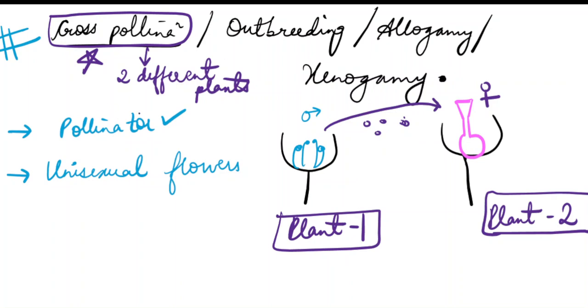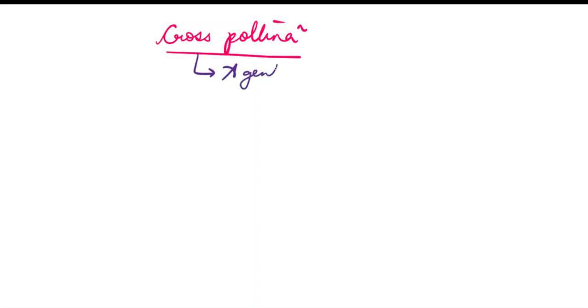Now if we speak about the pollinator, in cross pollination there is a requirement of a pollinator. There are many types of pollinators required in cross pollination. So in cross pollination there is a requirement of agents, and these agents we call pollinators.